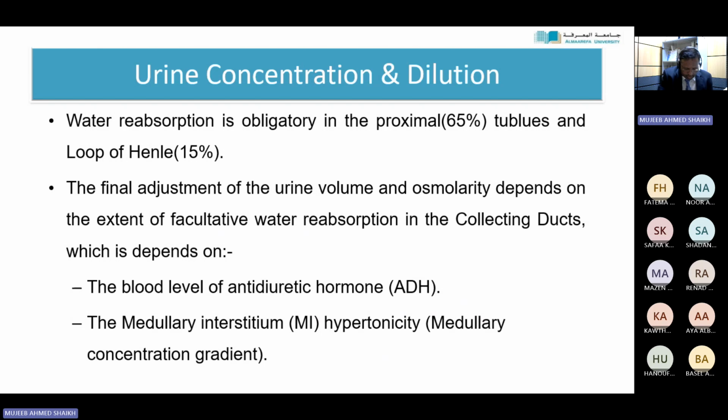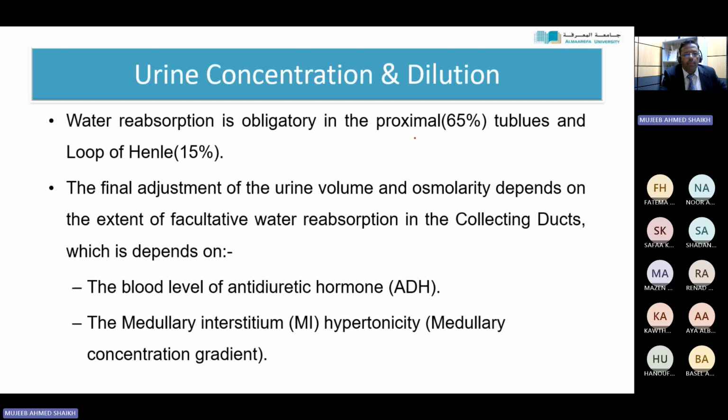So the kidneys are capable of throwing out either less water or more water. It depends on the different regions of the nephron, which have different capability of reabsorbing the solutes and reabsorbing the water. Water reabsorption is obligatory in the proximal convoluted tubule.